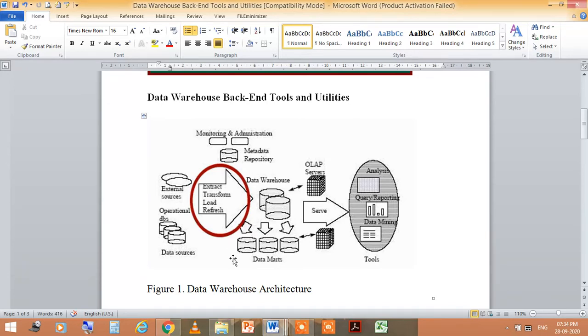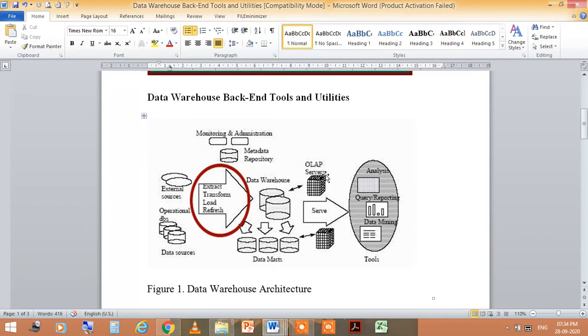After transforming or extraction and load, or you can say refresh, this data in the warehouse goes to the OLAP servers. OLAP means online analytical processing, where the analysis is done on historical data, because analysis is totally based on historical data. It is not transaction data. I am not talking about OLTP.